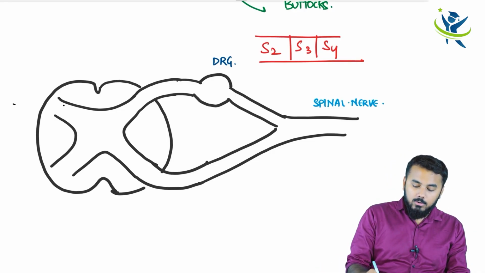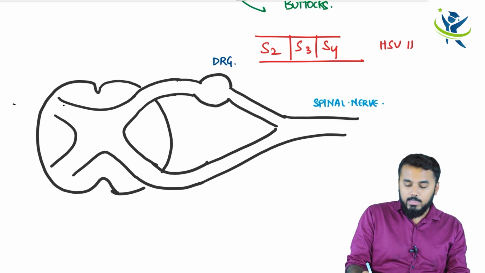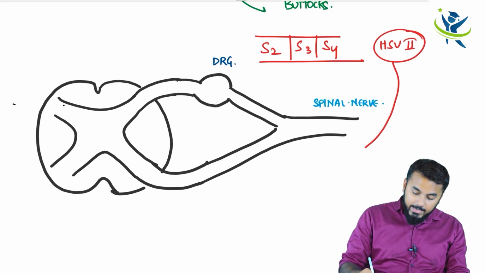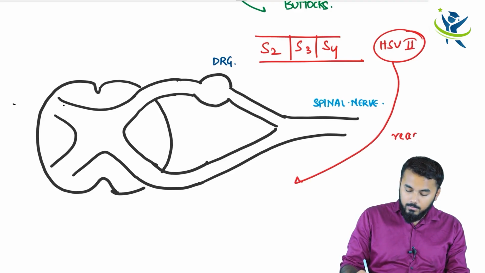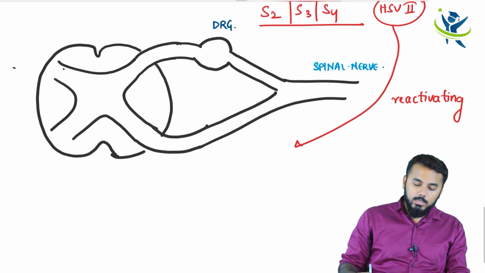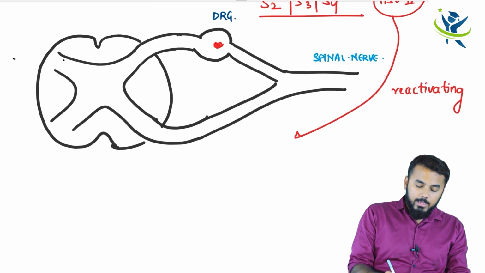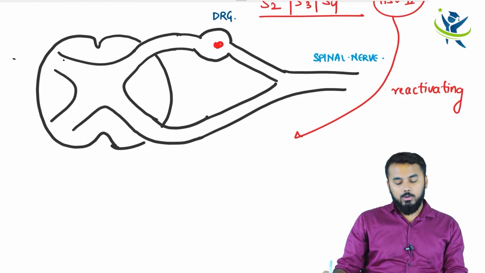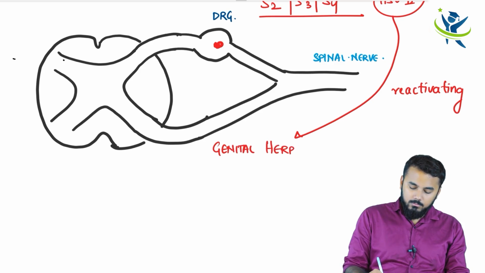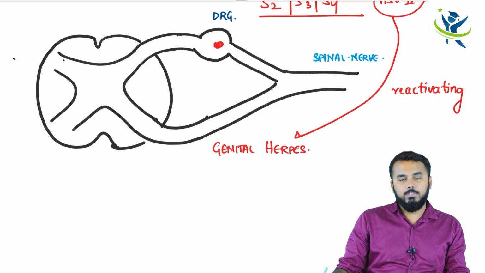Exactly in these dorsal roots the HSV-2 resides. For example, if you are reactivating this HSV-2 in the dorsal root ganglion of S2, S3, S4, this would lead to a condition of genital herpes.